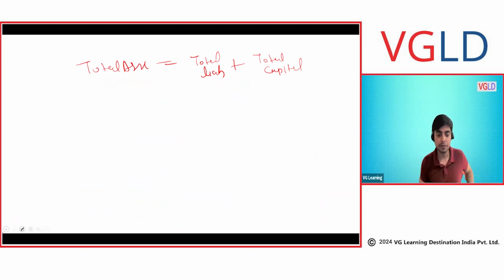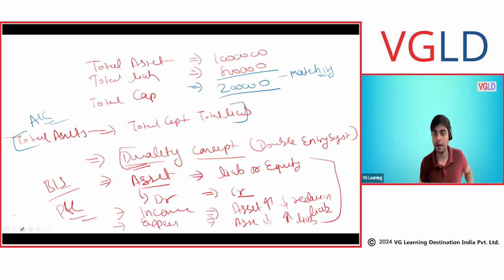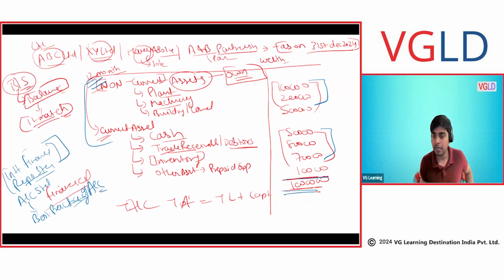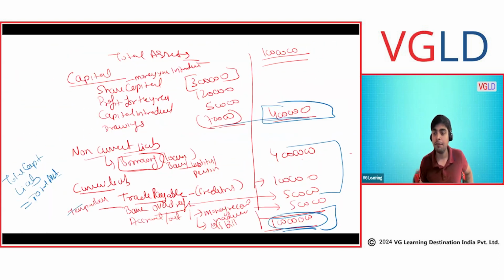Yes, because we have number of assets. If you are not comfortable, don't worry. We have total assets here as 10 lakh. And then how was this 10 lakh financed? See what accounting is saying. As I told you, accounting is a business language. It's saying I have 10 lakh of assets, and how I have financed this: 4 lakh was my money and the rest 6 lakh was basically money I borrowed from people.